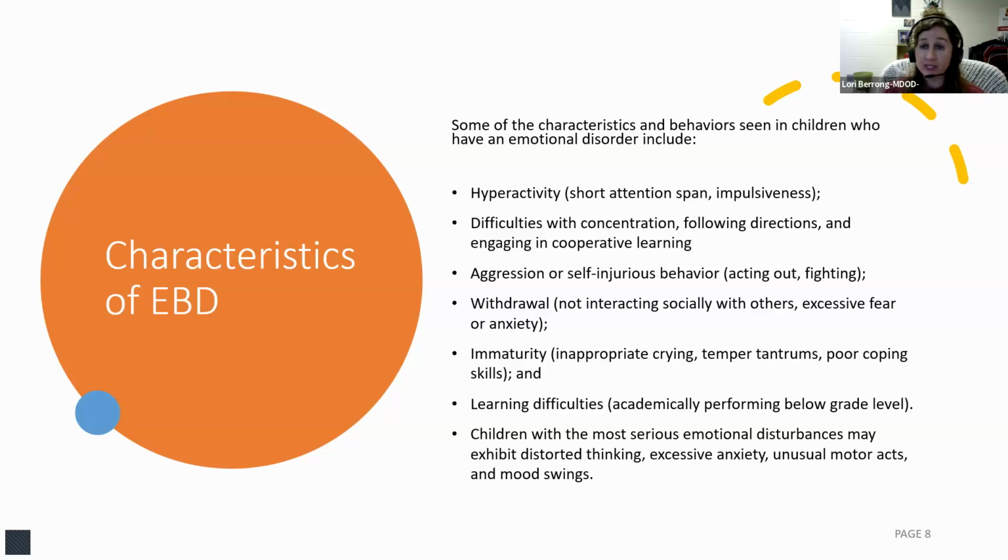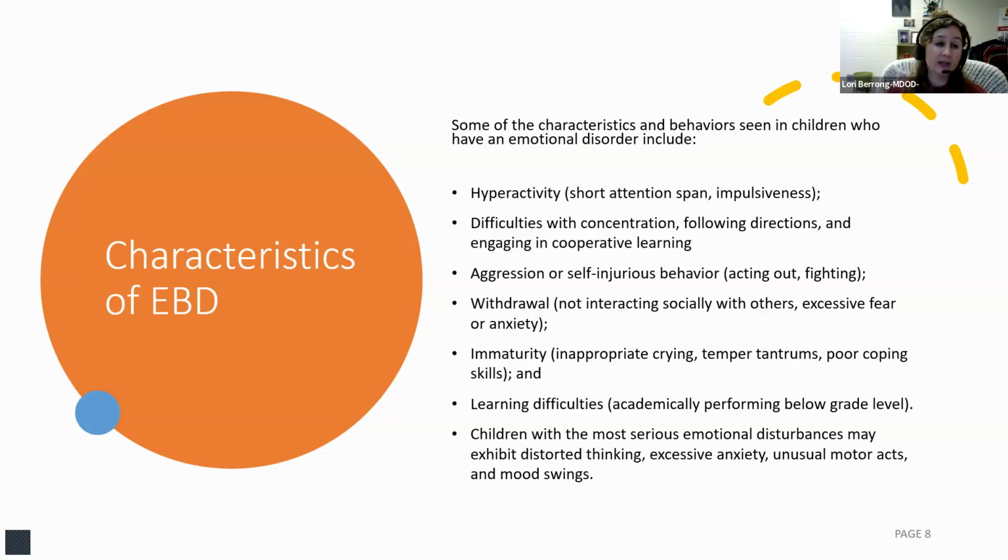Aggression, self-injurious behavior, withdrawal, so not interacting socially with others, excessive fear, excessive anxieties, immaturity. So that can be moments where there's temper tantrums, poor coping skills, things that you would think, somebody shouldn't be doing this at this point, or, I don't understand why they're having this really large emotional response to something that doesn't generally elicit that.